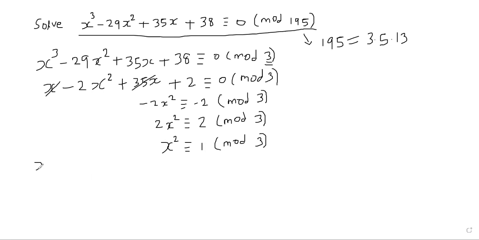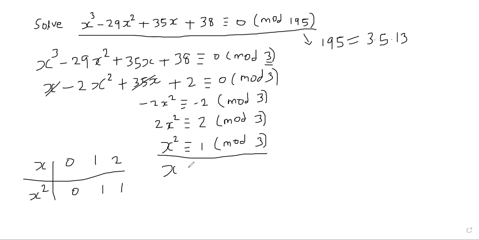Let's say x is 0, 1, 2, right? What can we say about x squared? x squared is 0, 1, and 4. 4 is the same as 1. The possible solutions for this congruence are either x is 1 mod 3 or x is congruent to 2 mod 3.